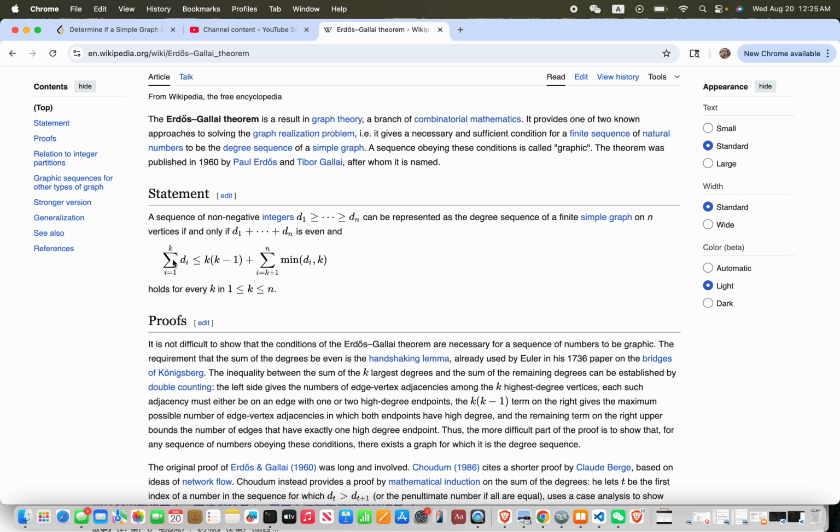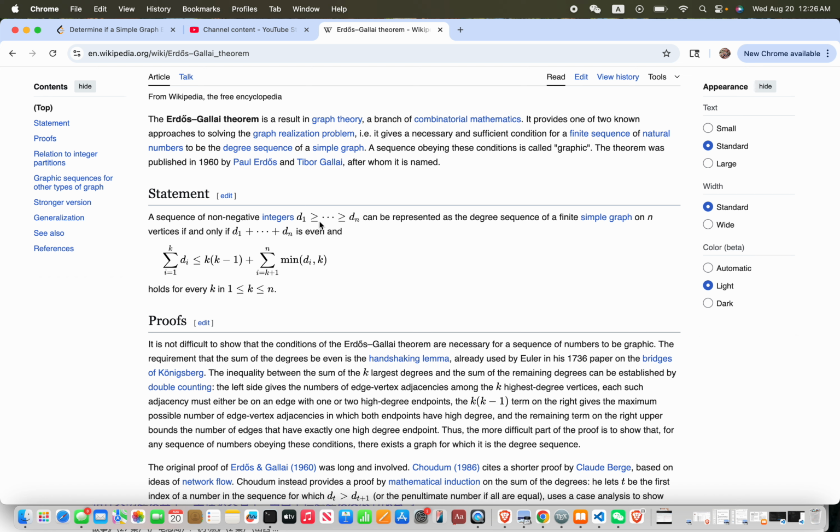This is very easy. You can use prefix sums or partial sums. For this one, I'm also going to use binary search. Notice that we need to sort d1, d2, and so on in decreasing order. The theorem says that the sum of the first k largest degrees is less than or equal to a constant part, because k is fixed. And also there is the remaining part, the smaller part of the di's, which we compute by comparing with k.